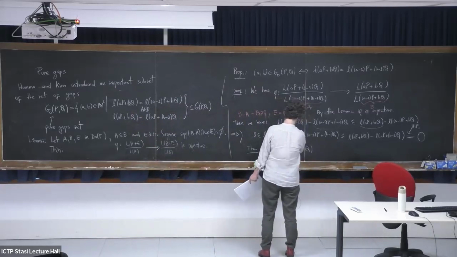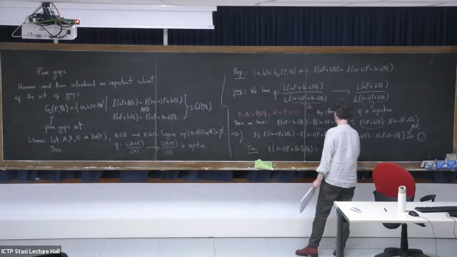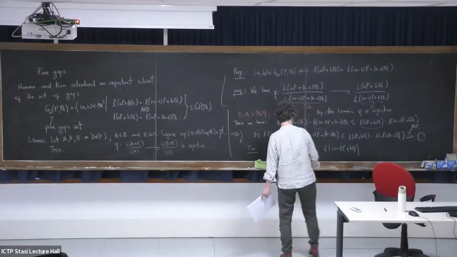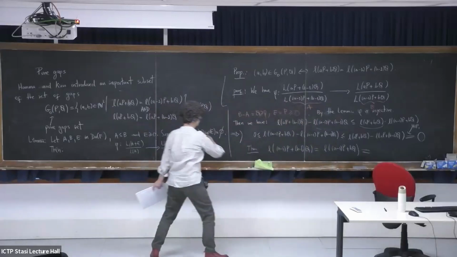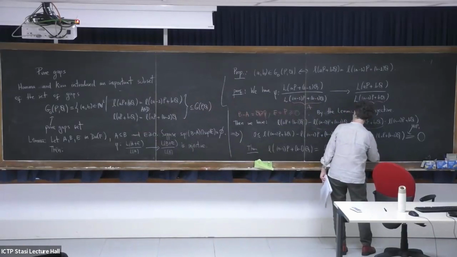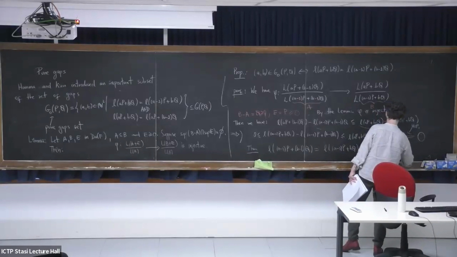So since this is 0, we have this is equal to L of A minus 1P plus BQ. So because this is 0, and this is equal by hypothesis again. So use again to L of AP plus BQ. And it's done.